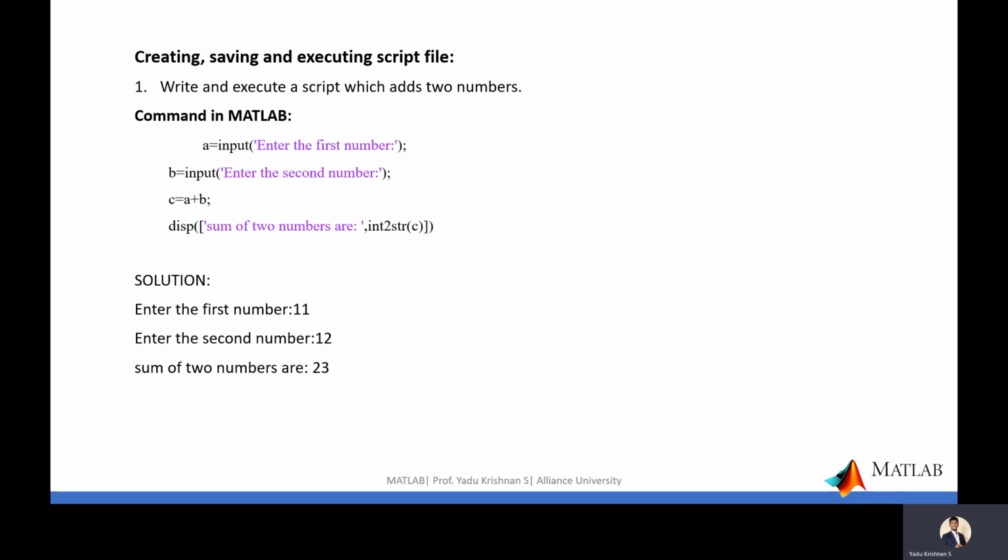So in the command window, you cannot do that, right? In the command window, you just type it and execute it. You cannot save it as a file. Okay, you can just copy paste to some other file, that is different. But here, whatever you're writing in the script window or the editor window can be saved with the .m format.